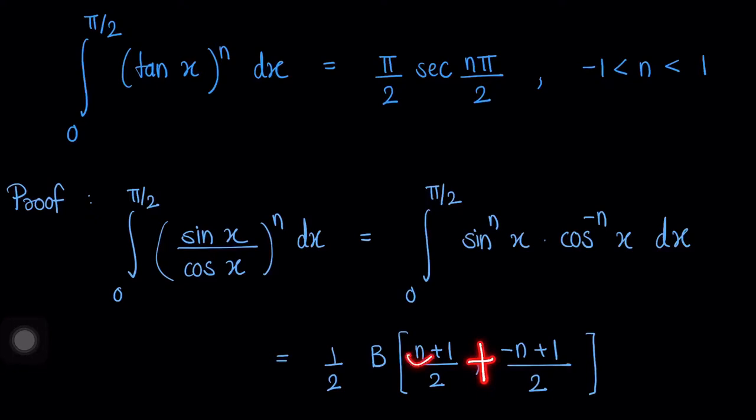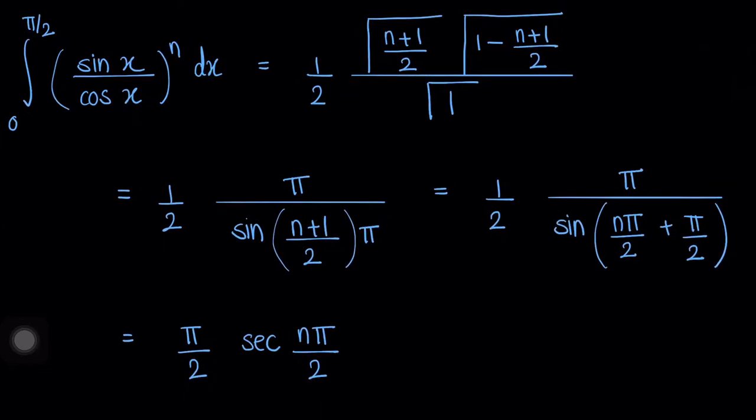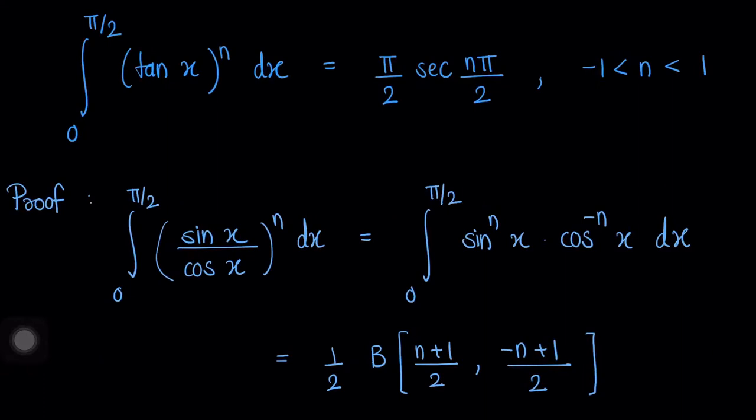Okay, so this n minus n, this will get cancelled, and 1 plus 1, that is going to be 2 divided by 2, so that is gamma of 1, and gamma of 1 is 0 factorial, and 0 factorial is equal to 1. Now we have taken this n between -1 and 1.